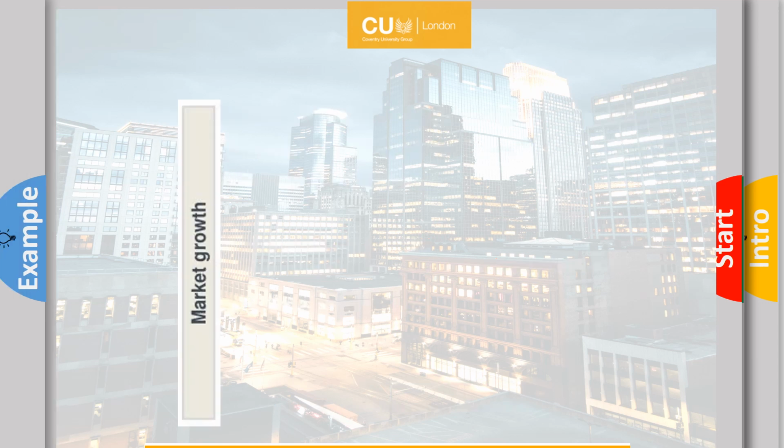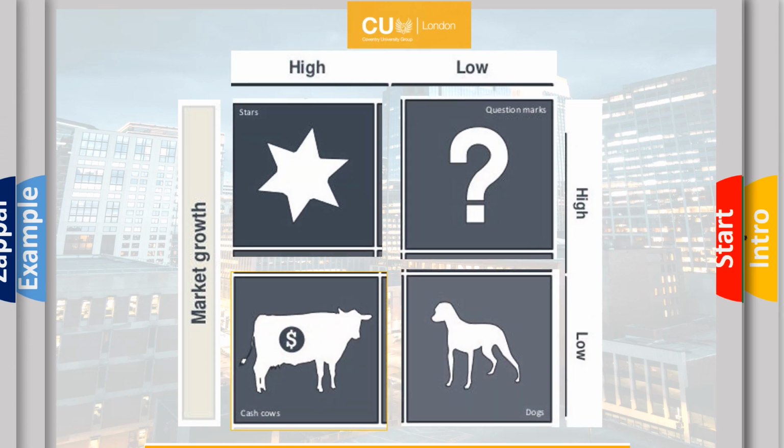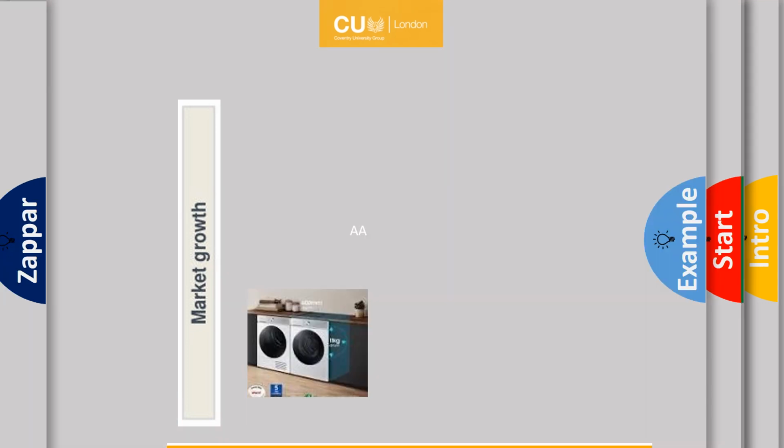Now we can apply the BCG matrix to Samsung. If we look at the bottom left, that is the cash cow, and an example of a cash cow is the washing machines. The washing machines for Samsung have low market growth but a relatively high market share. Why a relatively high market share?